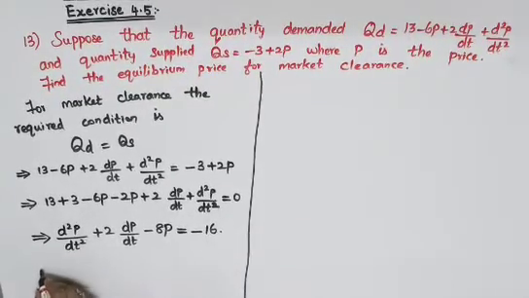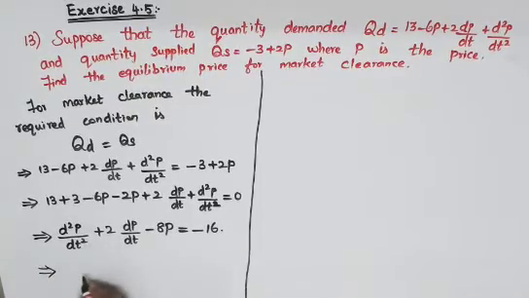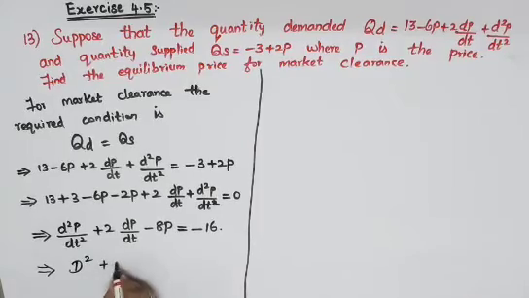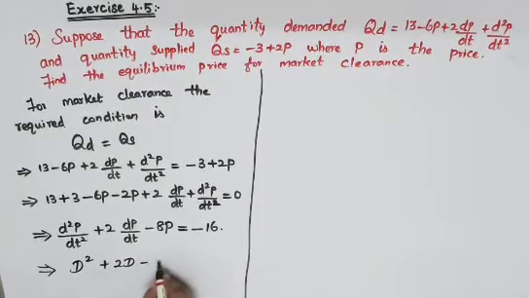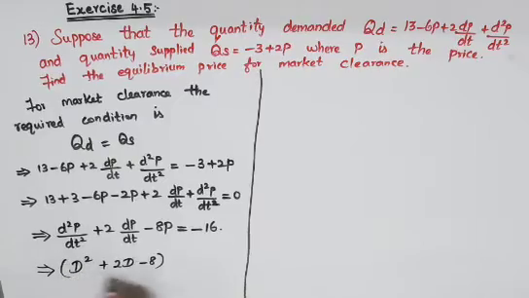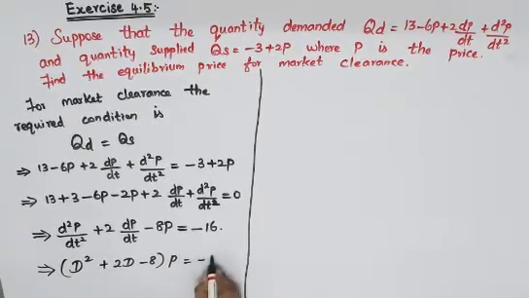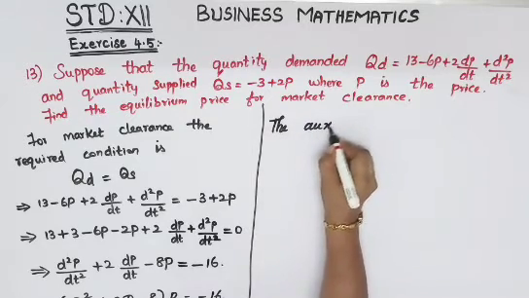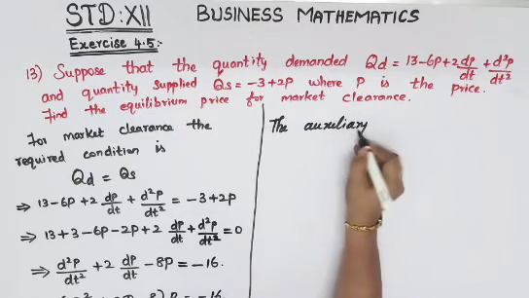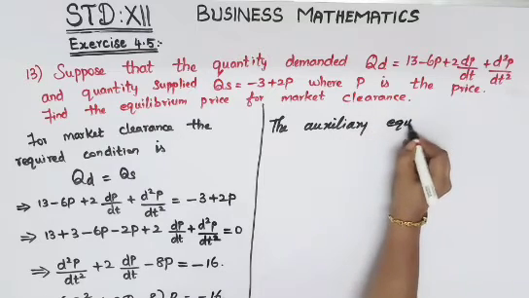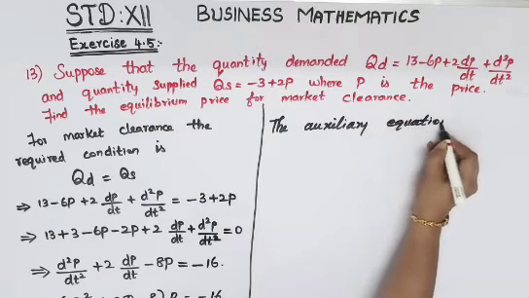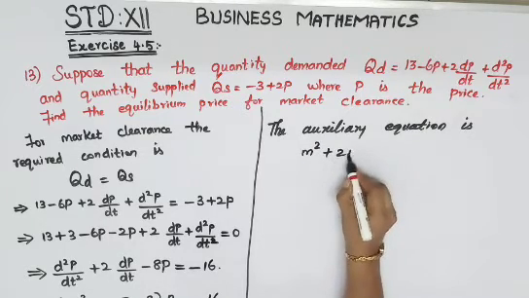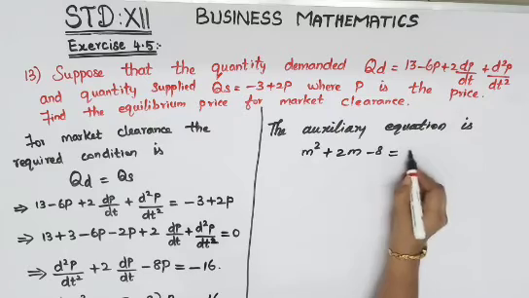Okay, now the next step is we have to convert this equation to a capital D format. So d square plus 2d minus 8 into p is equal to minus 16. The auxiliary equation is m square plus 2m minus 8 is equal to 0.